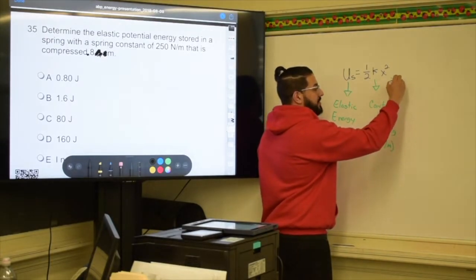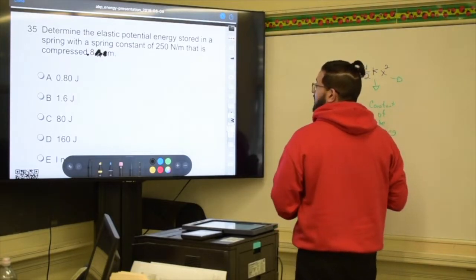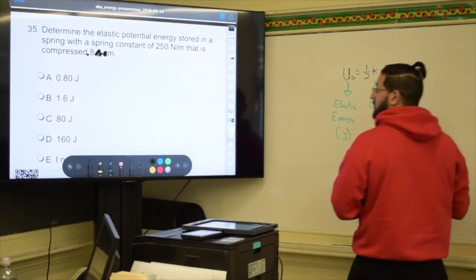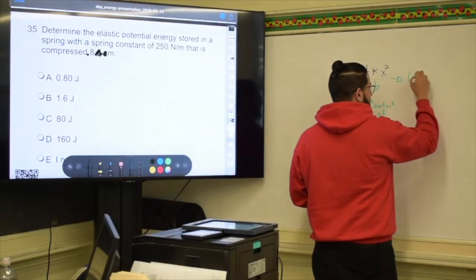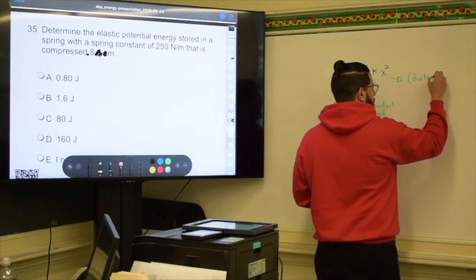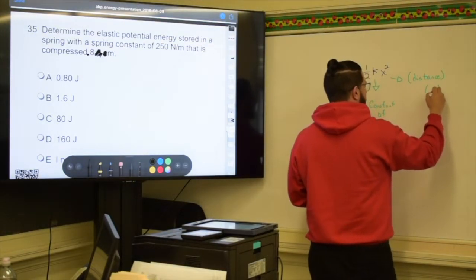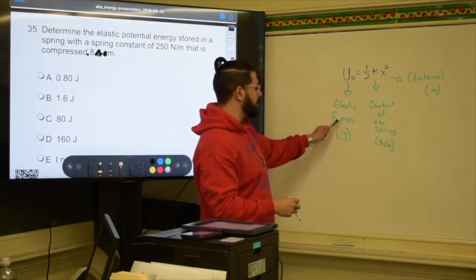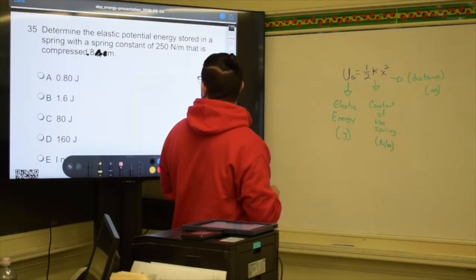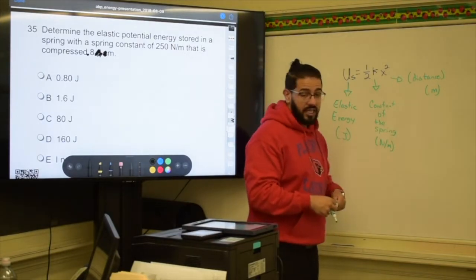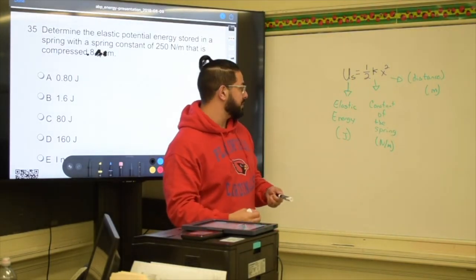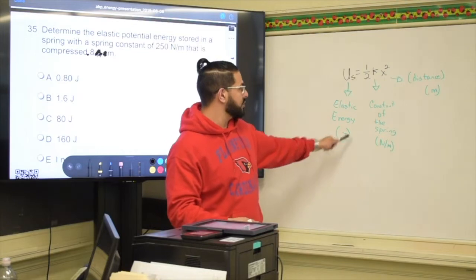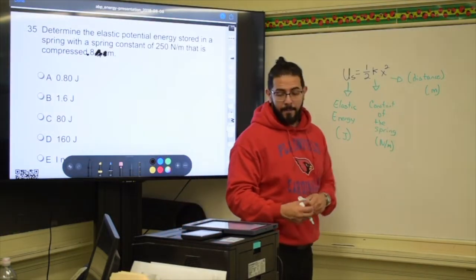And for x, that is the length, the distance, it is going to be meters. So we have the elastic potential energy, the constant of the spring, and the distance that the spring is being compressed or stretched. And the units are joules, Newton per meter, and meters.